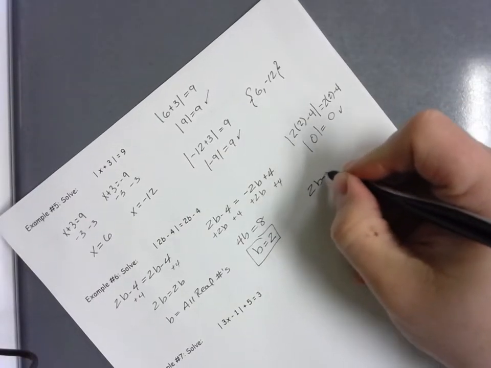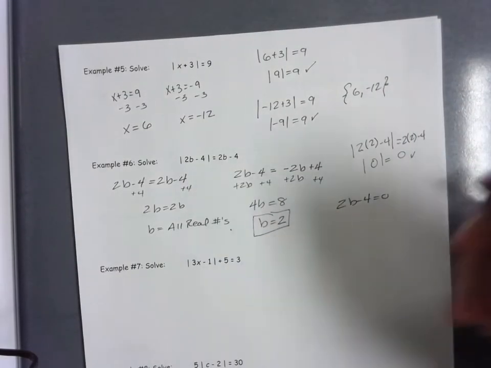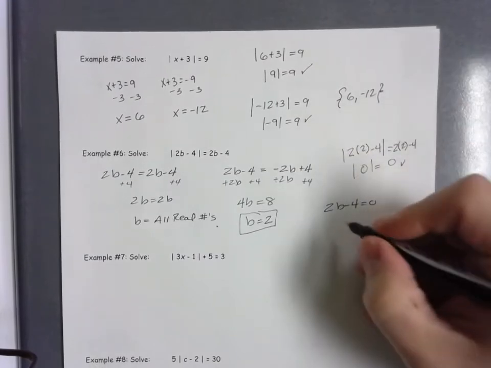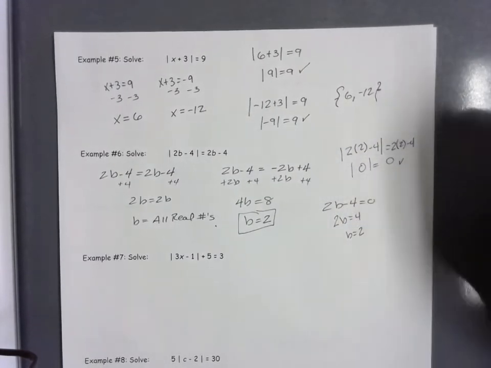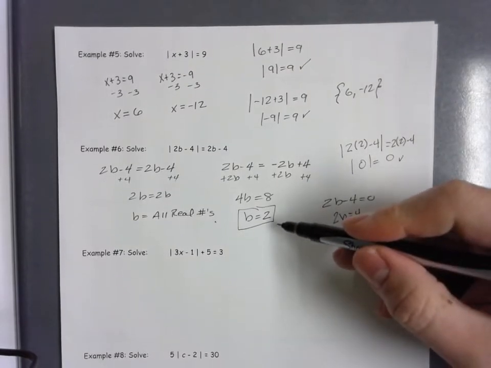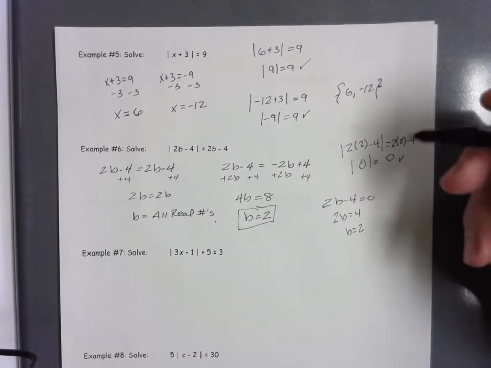So let's set 2b minus 4 equal to 0 here. So 2b equals 4 and b equals 2. So that b equals 2 is given right here as well. So we know that works. Pick something bigger than 2. Let's try a number like 10.